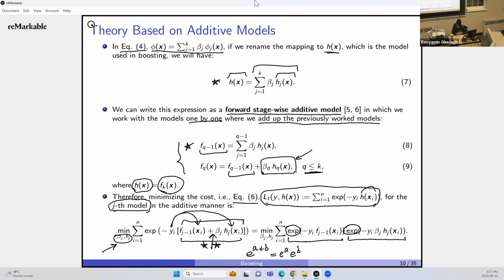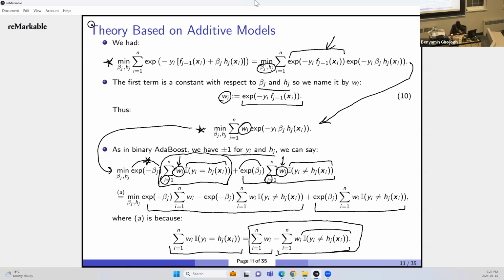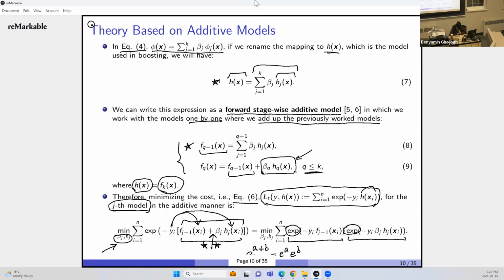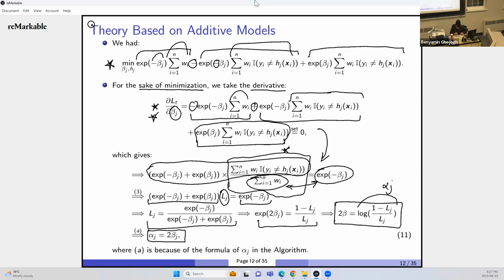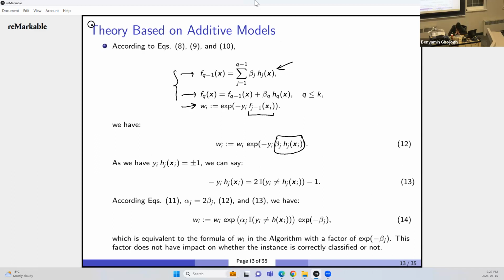But we are using that because H has the summation. Yes, exactly. H has the summation. No, Fj minus 1 has a summation inside, right? So this makes sense, but if we do Fj, the summation should also be there, because we are also taking into consideration the previous model, right? Yes, I need to think about it. So, a big question mark.